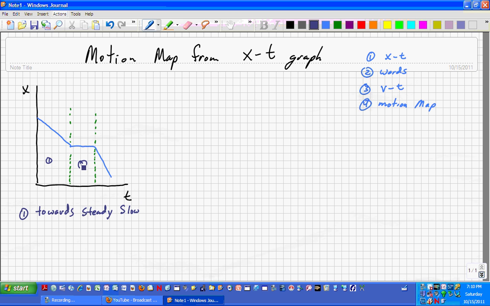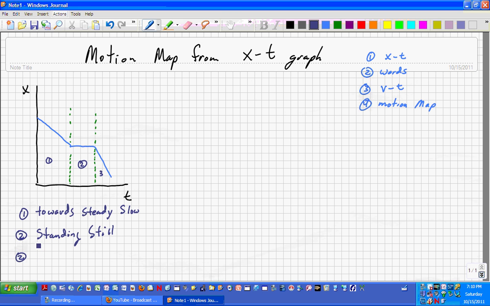The second motion here, the ever recognizable standing still, because my position isn't changing throughout this time frame. And then the last part of the motion is still moving. Ooh, did I say towards up above? That's not moving towards. Oh, yes, it is. I take that back.